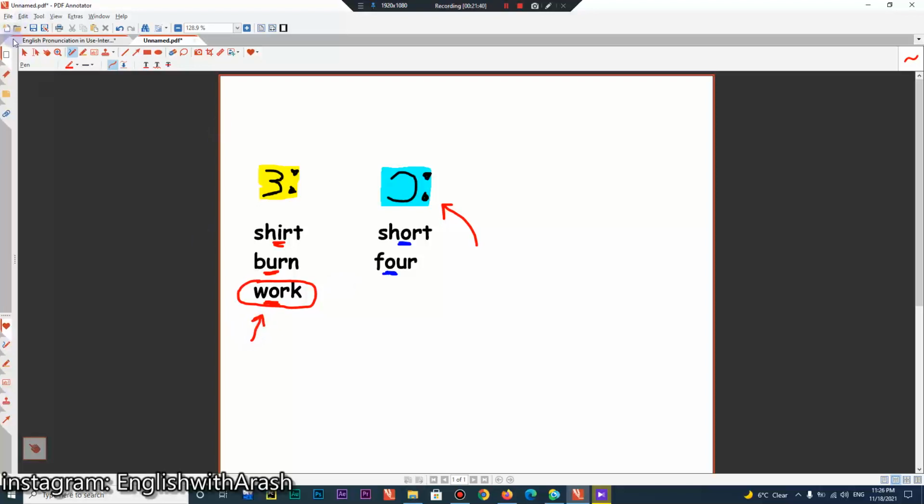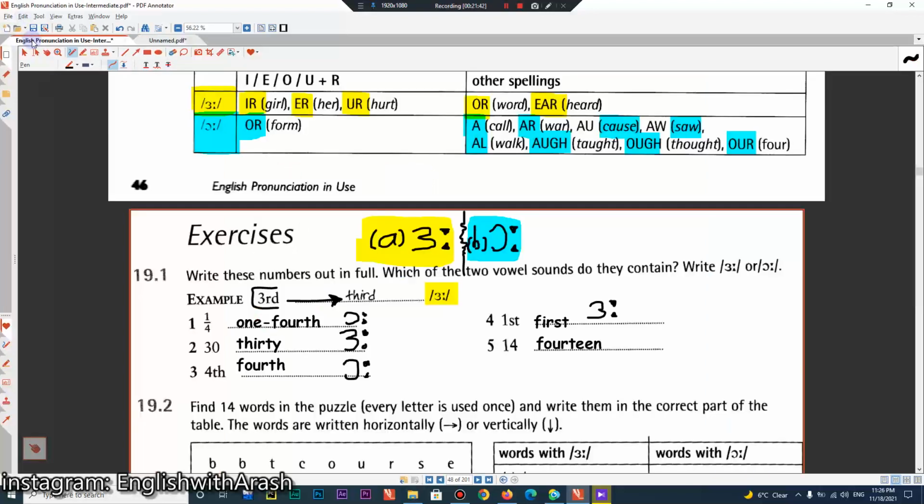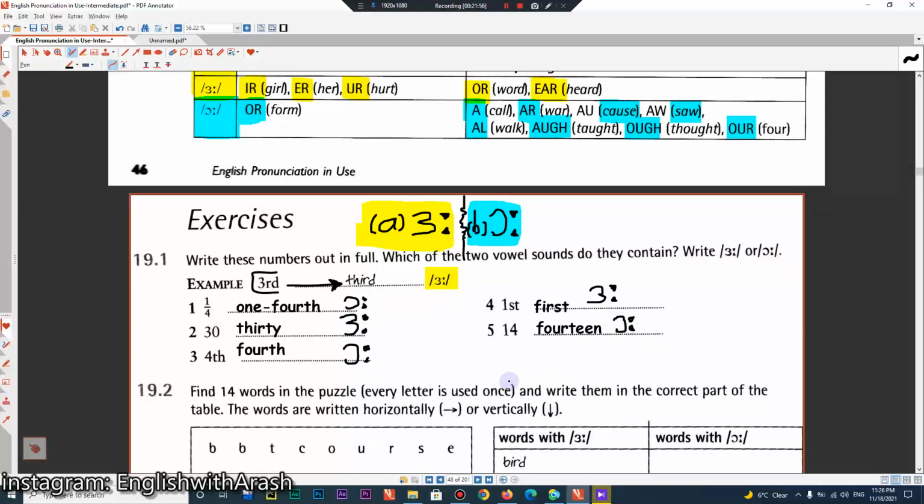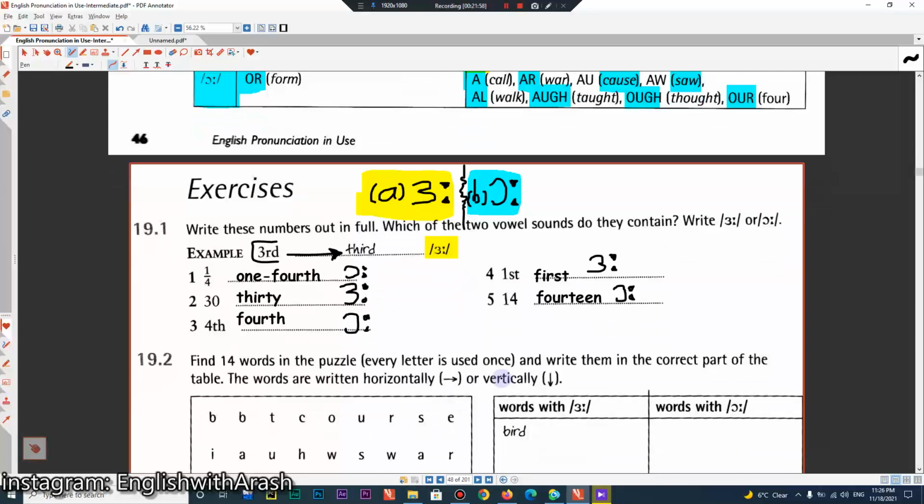Be careful with that. We're working on these two sounds. Yeah, 5 is B because we say 4 or 14. So 14, it's B. Alright, good.